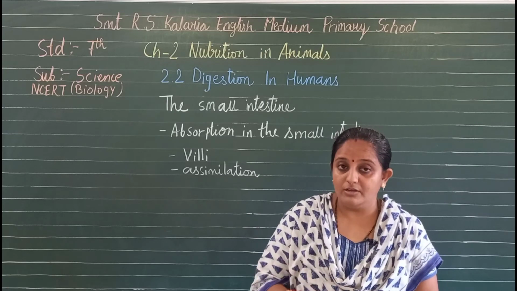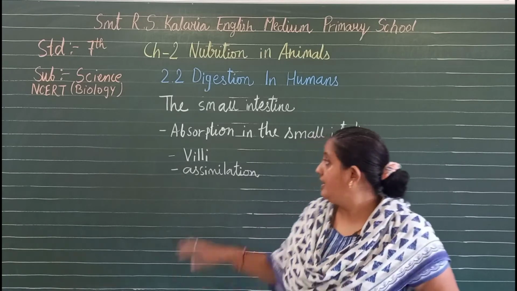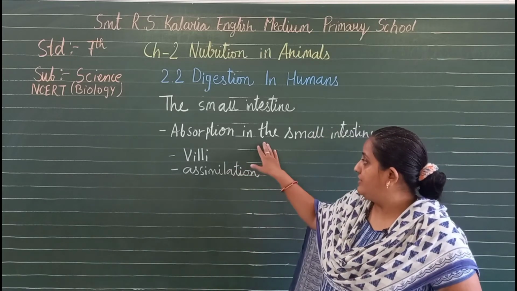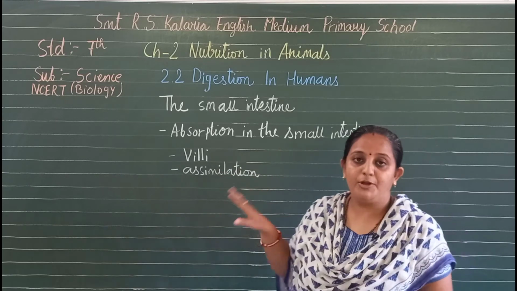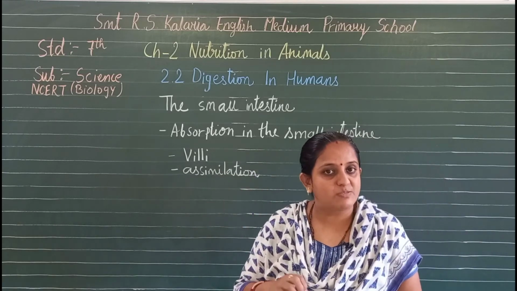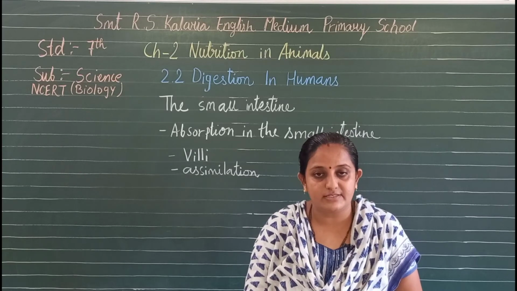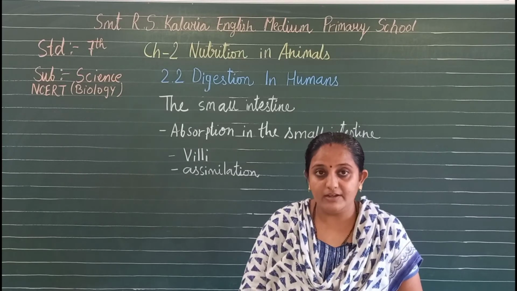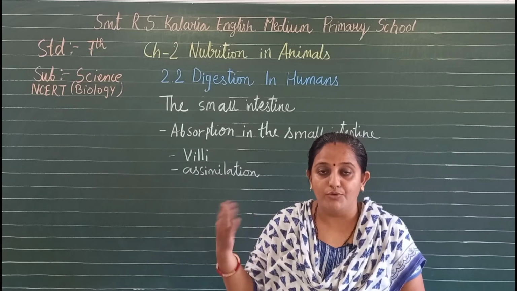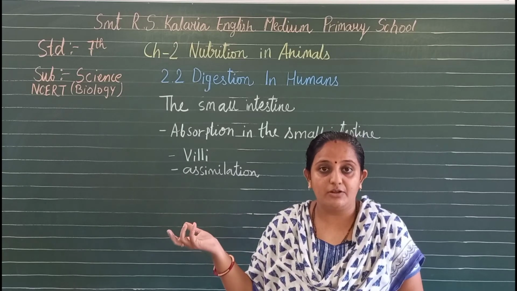So this is about absorption and assimilation in the small intestine. The food spends maximum time in the small intestine, and the majority of the food components are digested there, and the undigested part moves to the large intestine.